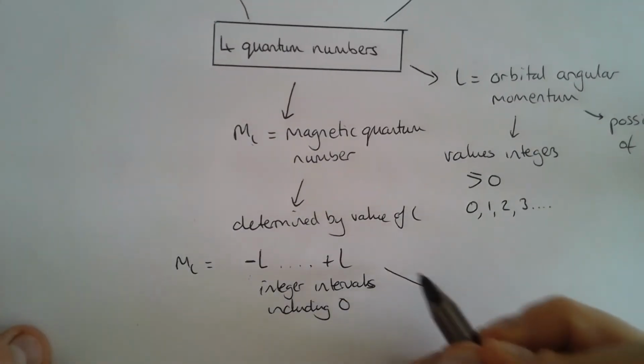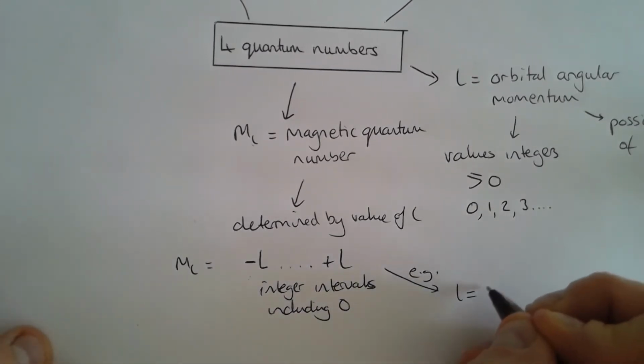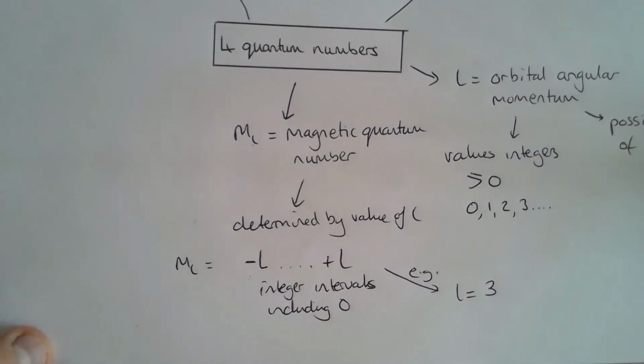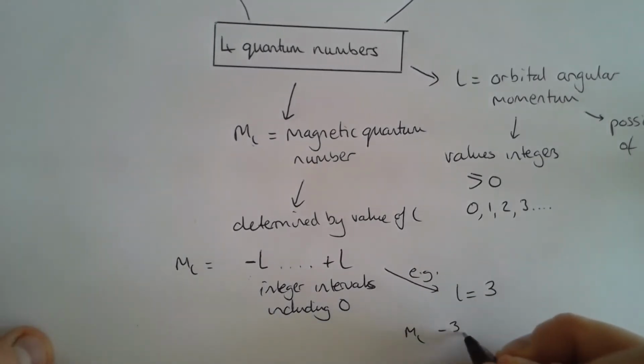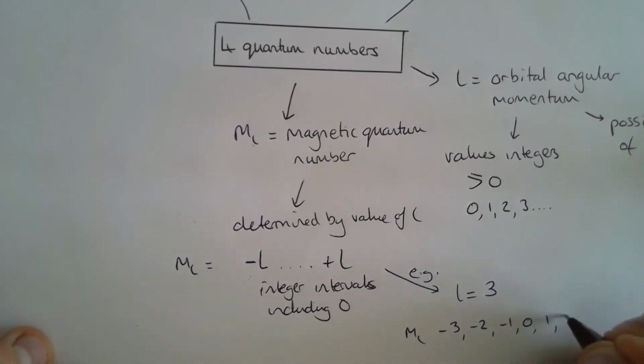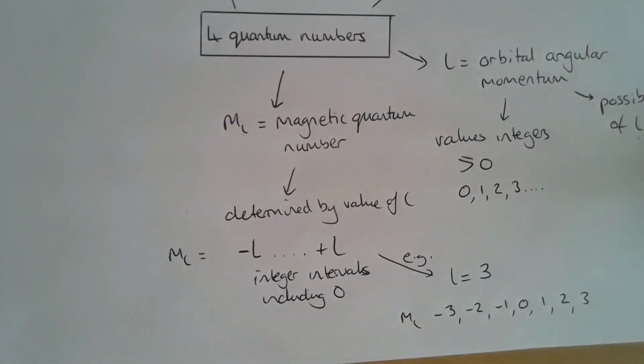If L was equal to 3, then the possible values of ml are minus 3, minus 2, minus 1, 0, 1, 2 and 3. So there are 7 possible values for ml if we have an orbital angular momentum of 3.